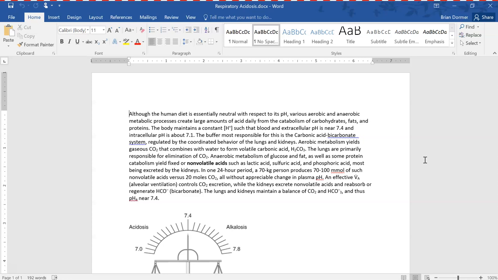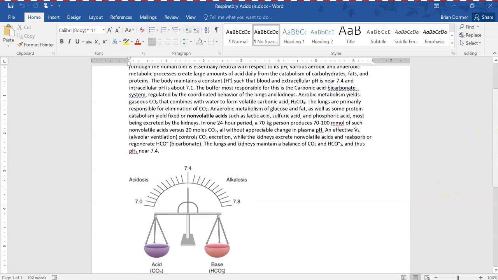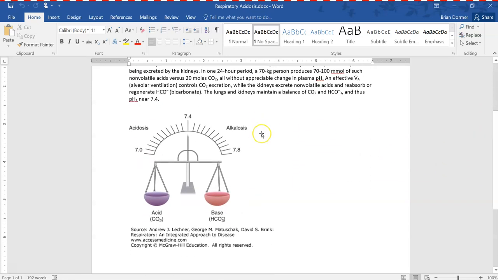Effective alveolar ventilation, that's the exchange of gas at the alveoli in the lungs, controls CO2 or carbon dioxide excretion, while the kidneys excrete non-volatile acids and reabsorb or regenerate bicarbonates. The lungs and kidney maintain a balance of CO2 and HCO3 and thus a pH near 7.4. So we see here then, between the lung and the kidneys, we maintain a balance of 7.4.